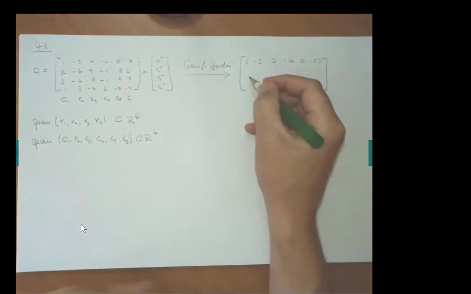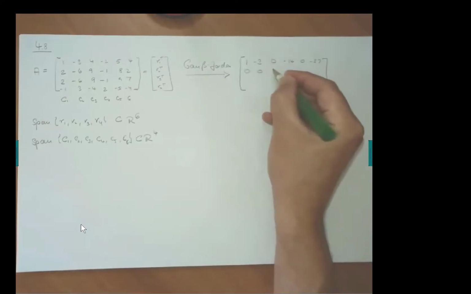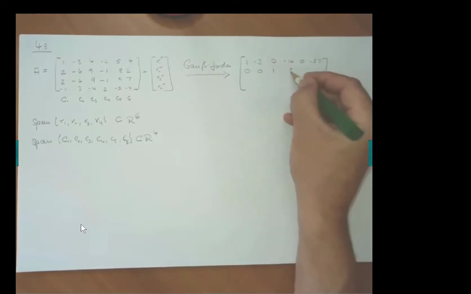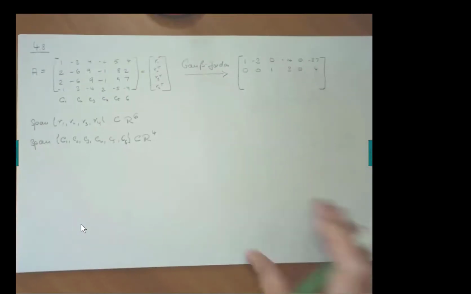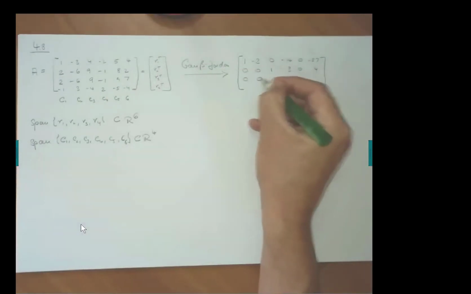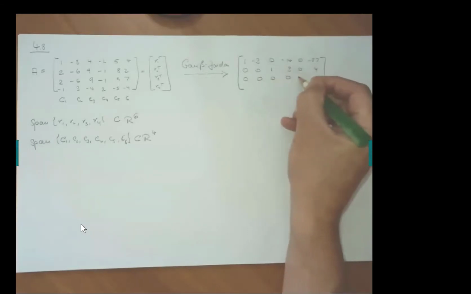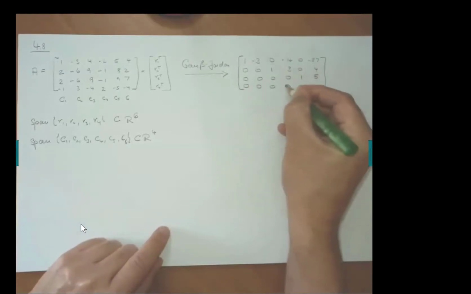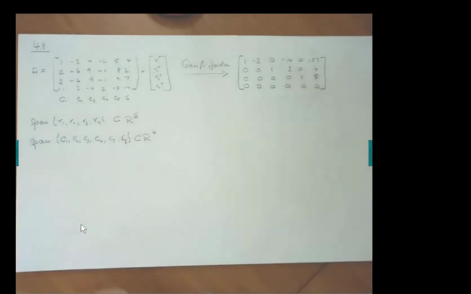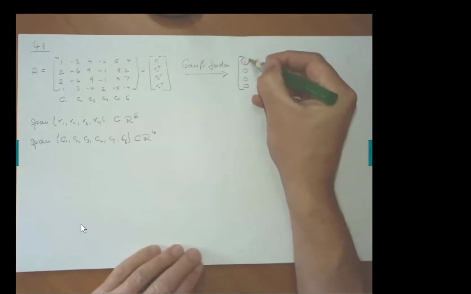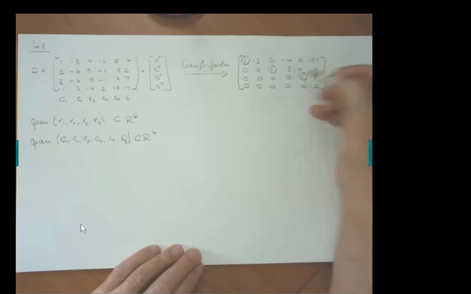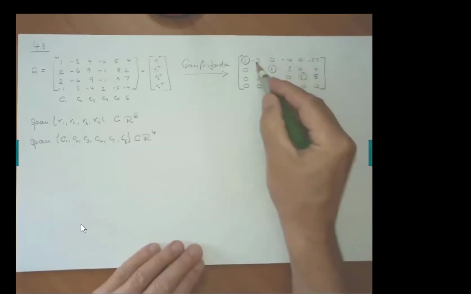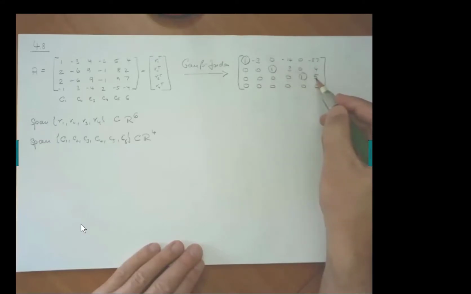Then the next row was 0, 0, 1, 3, 0, 4, and 0, 0, 0, 0, 1, 5, and then 1 row was totally 0. This is what we got after a few steps of the Gauss-Jordan algorithm, and we see that we have 3 leading ones, and 3 rows which are non-zero.